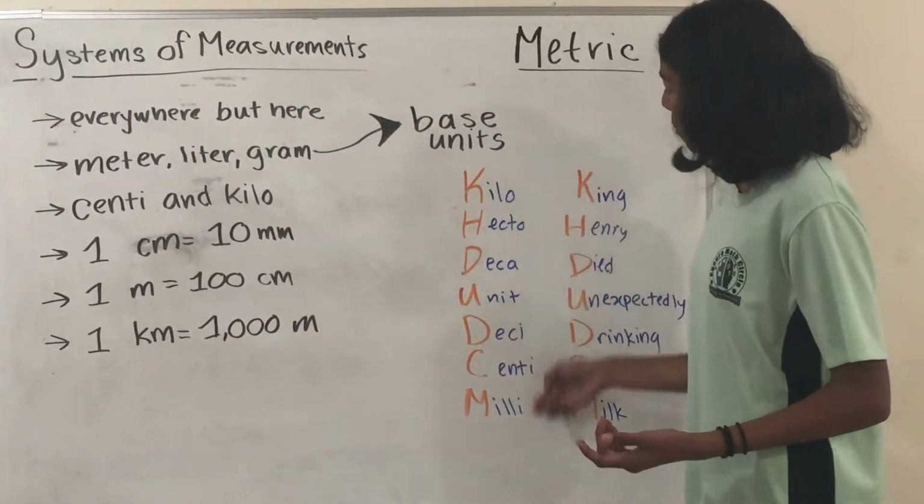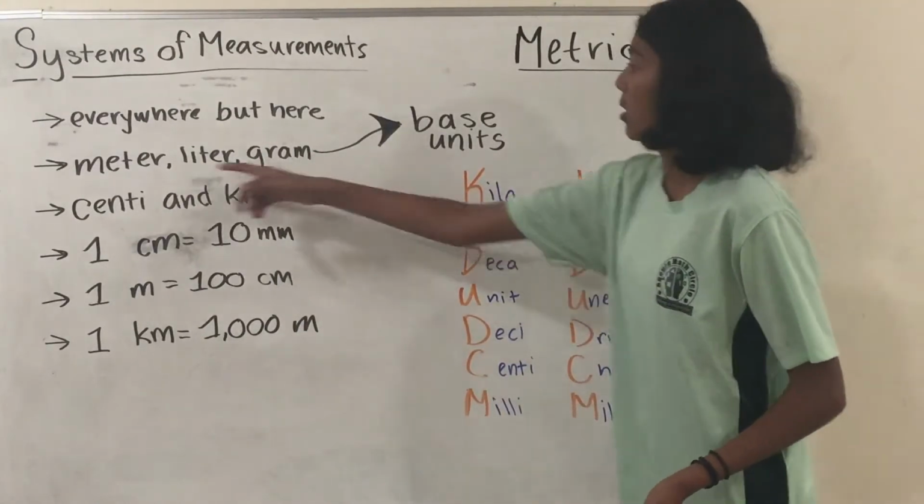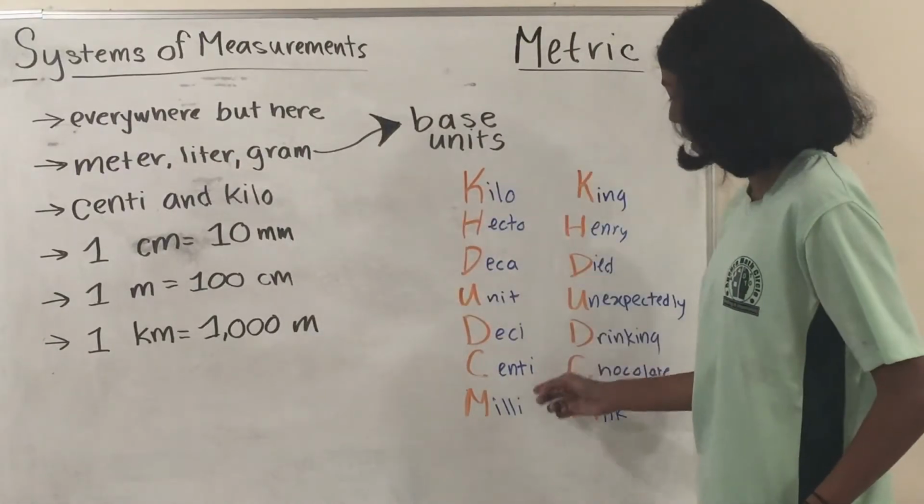So basically, for our prefixes, we have kilo, hecto, deca, the unit, which are meter, liter, and gram, deci, centi, and milli.